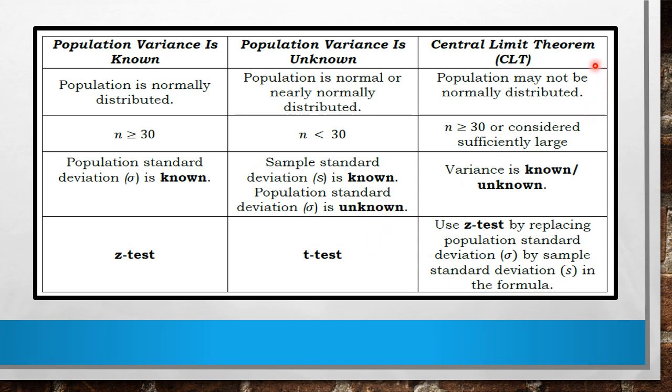And central limit theorem, population may not be normally distributed, number of samples is greater than or equal to 30 or considered sufficiently large, variance is known and unknown, use z-test by replacing population standard deviation by sample standard deviation in the formula. So it is very clear when to use z-test and when to use t-test.